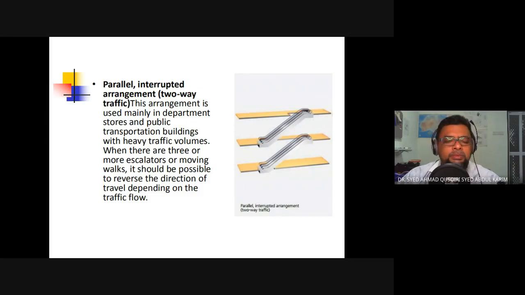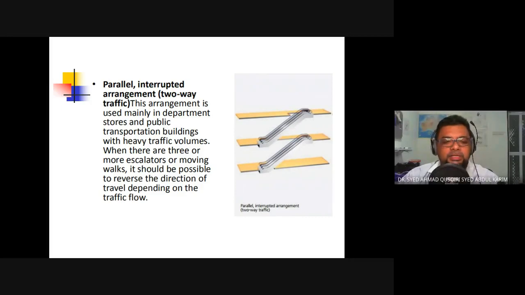This arrangement is used in department stores and public buildings with heavy traffic. Of course, this escalator seems to be a lot wider than the previous one because of the ability of moving up and down at the same time.